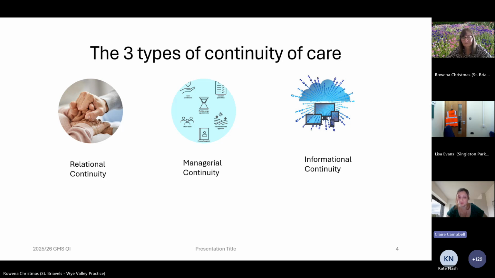In the long term, we hope to embed relationship-based care into workflows by improving appointment and triage systems, extending consultations for complex cases, and leveraging IT infrastructure to support continuity.